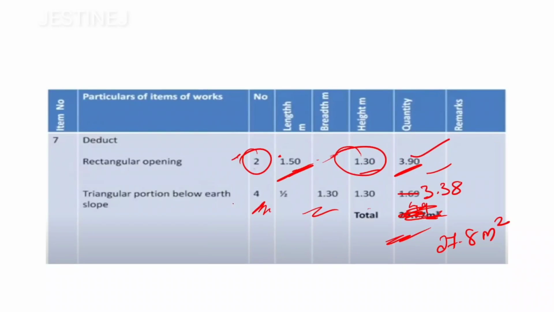Then you also have to reduce this triangular portion, and it happens over these 4 sides, and it's triangular, so half multiplied by 1.3 multiplied by 1.3, you'll get 3.38. You multiply this by 4 also, and then you have to deduct these values from the already calculated values, and finally you will get 27.8 meters square.